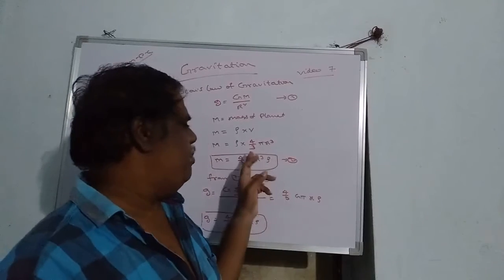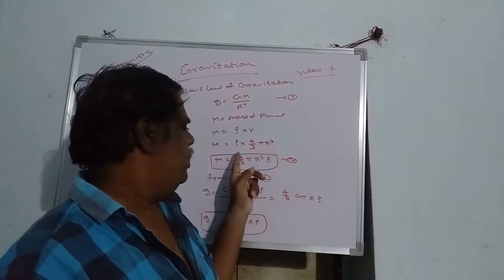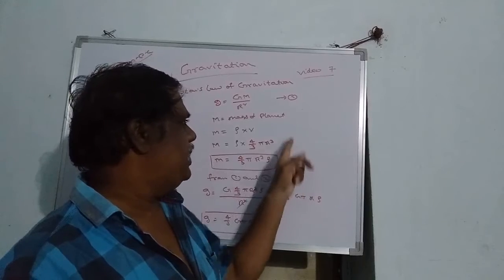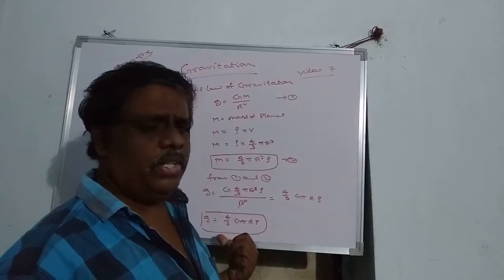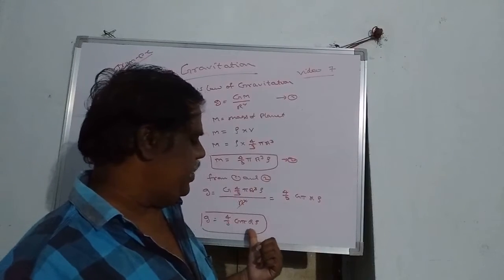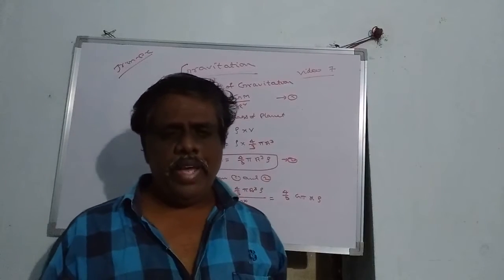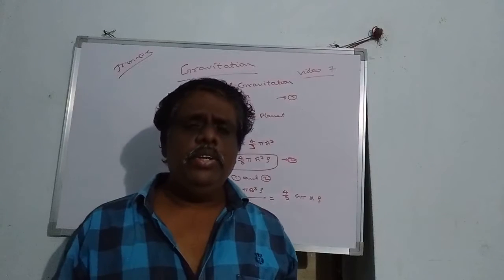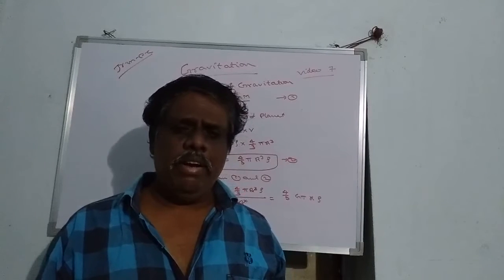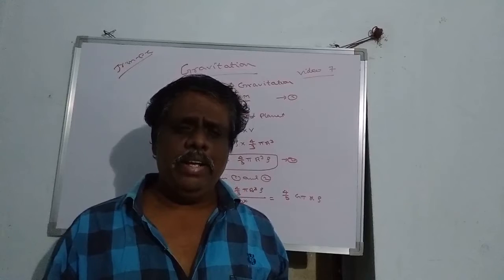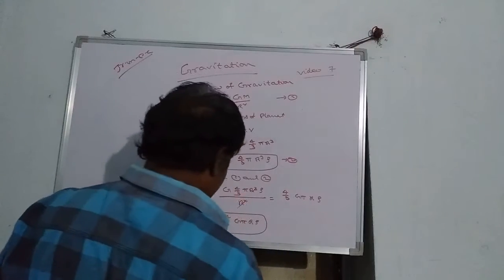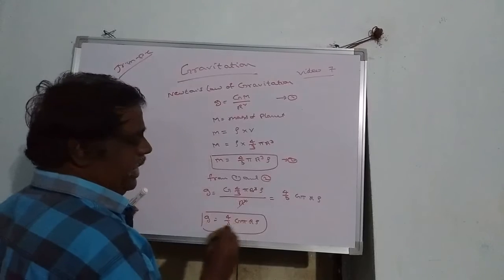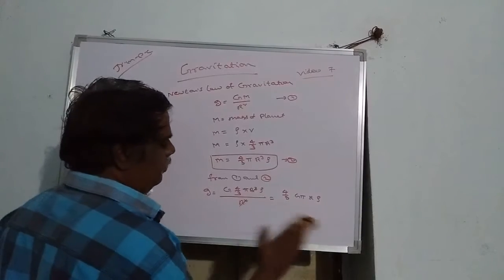Volume of the sphere is 4 by 3 pi r cube, so mass is 4 by 3 pi r cube rho. This is equation number 1 and this is 2. From 1 and 2 we get small g equal to 4 by 3 G pi r rho, where G is the universal gravitational constant, R is the radius of the planet, and rho is the density of the planet. That means we can calculate small g in terms of the density.